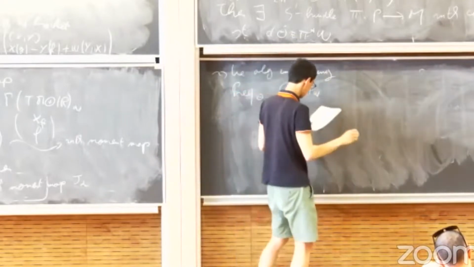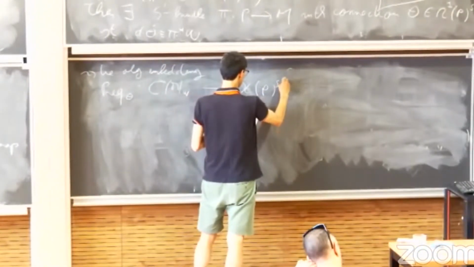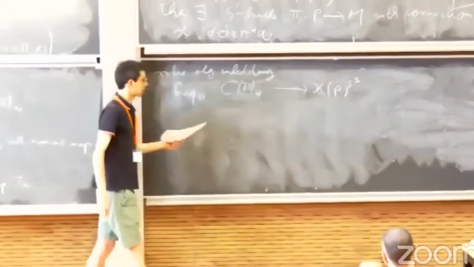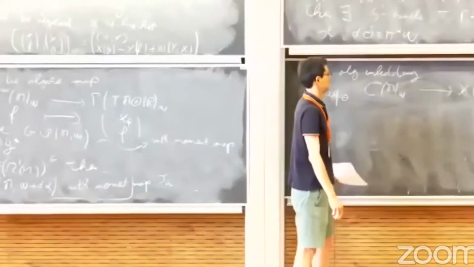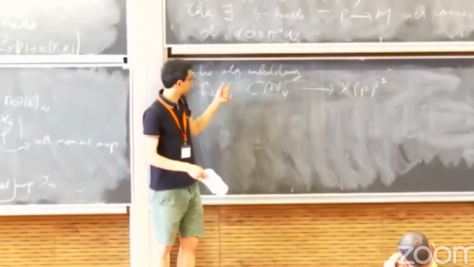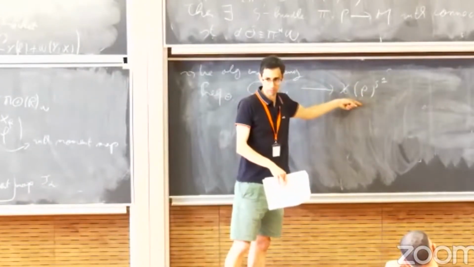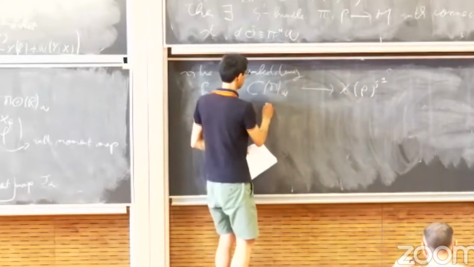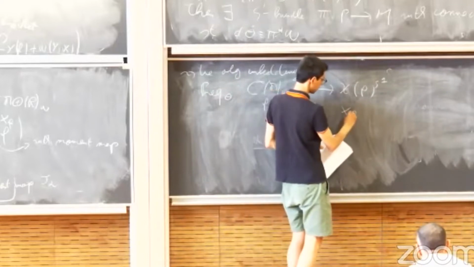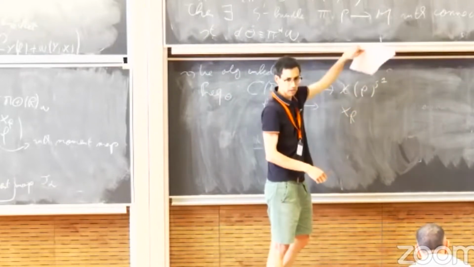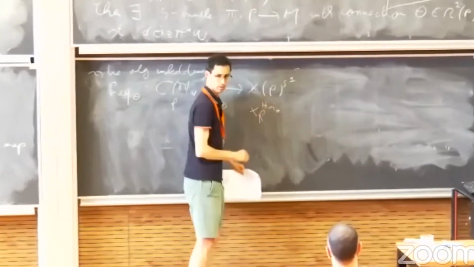I will try to say a word about why they were doing something like this. The principal bundle connection gives you a way to get a map from functions to vector fields on the principal bundle. Given a function f, you take the Hamiltonian vector field of f, which lives downstairs on M. Then you take the horizontal lift with respect to the connection.